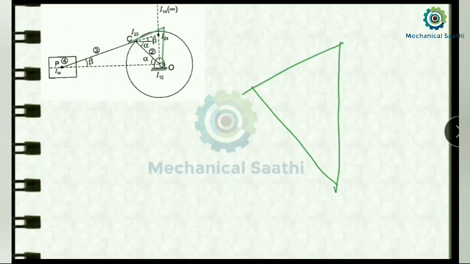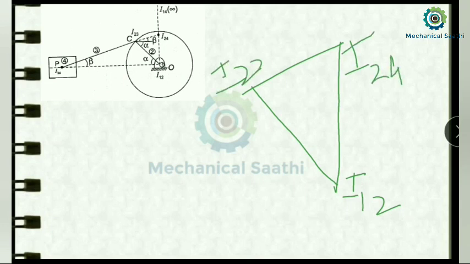From this triangle I can name this as O. Using the instantaneous centers, I can give this the name I12, this I24, and this I23.